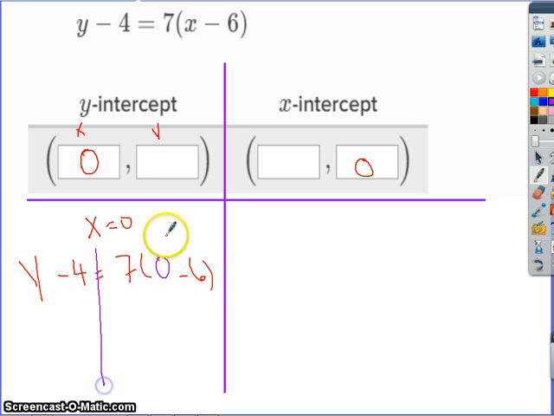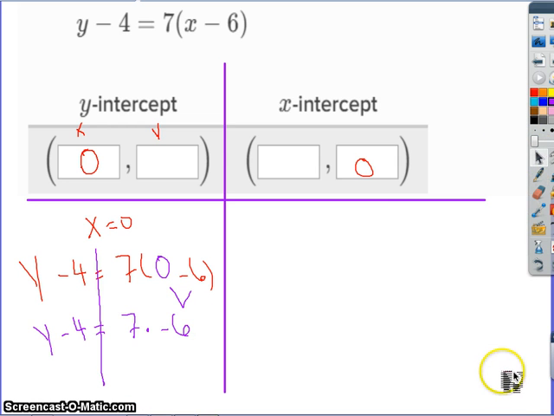Now I'm probably going to have to scroll up to get extra room, but the first step here is 0 minus 6. So 0 minus 6 is negative 6. So instead of 7 times, it's now, by the order of operations, it's 7 times negative 6. So that's y minus 4 equals 7 times negative 6.